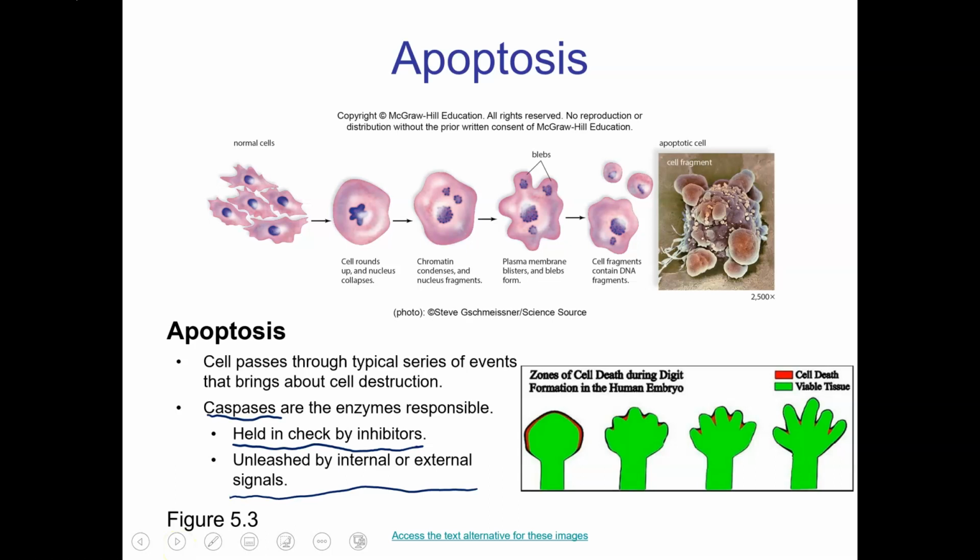This picture shows a human hand, the embryo, and basically what goes on. Initially we have this large area where there's lots of tissue, and then as the embryo develops further and further, we form those fingers, and the tissue between those fingers is broken down through apoptosis, and then we have these nice tissues that are normal, okay?